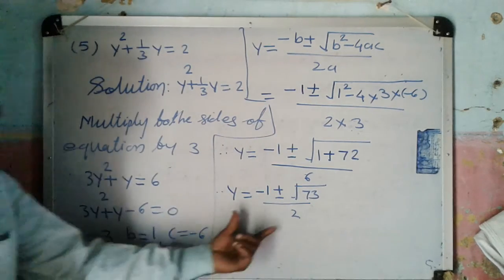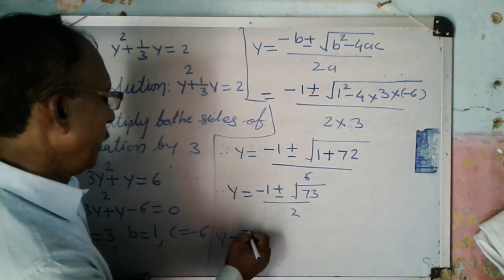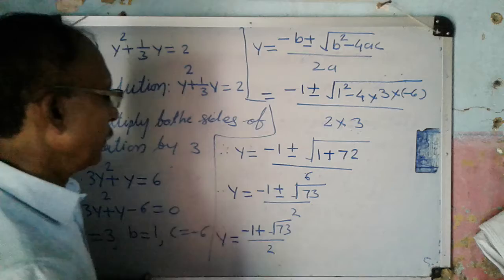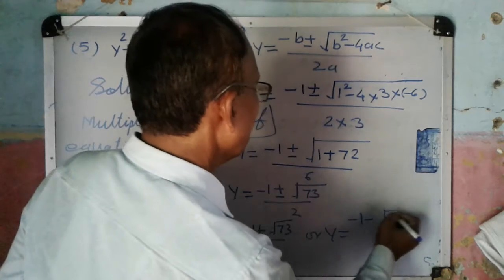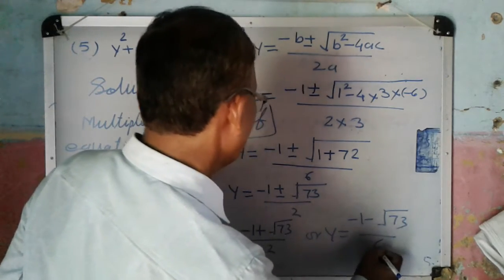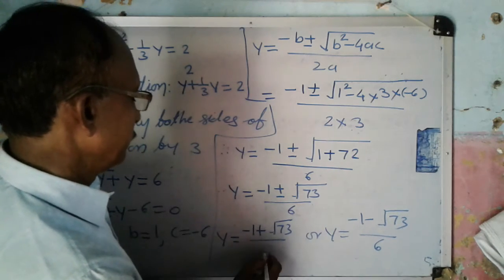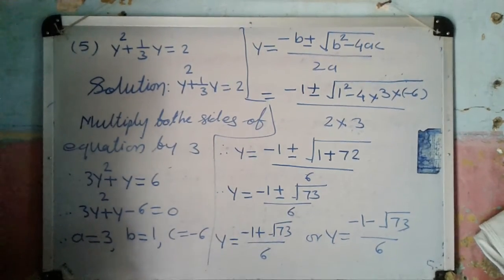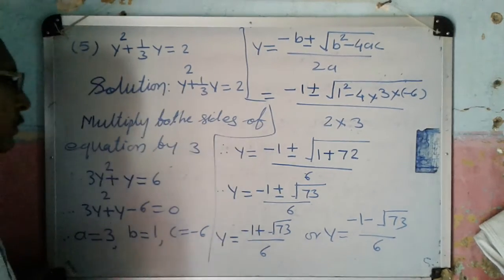Now from this we will get two values of y. First is y is equal to minus 1 plus root 73 upon 2, or y is equal to minus 1 minus root 73 upon, here 2 3s are 6. So your denominator is 6. So these are the roots of equation y square plus 1 upon 3y is equal to 2.